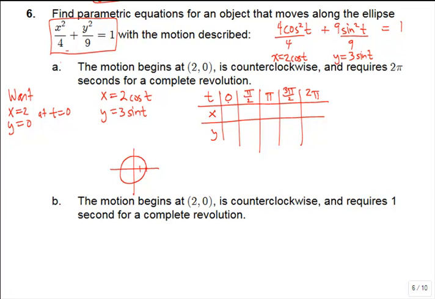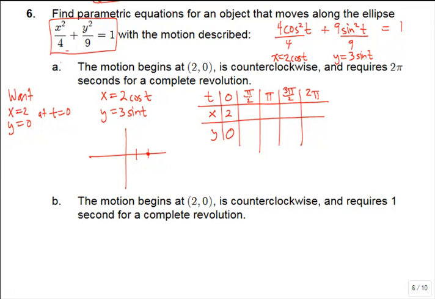So if t is 0, and I plug in 0 for x, then cosine of 0 is 1, and 2 times 1 is going to be 2. If I let t be 0 for y, sine of 0 is 0, 3 times 0 is 0. And that's exactly what we wanted. We wanted to start at (2, 0). So far, our graph is starting right here. So that's good news.